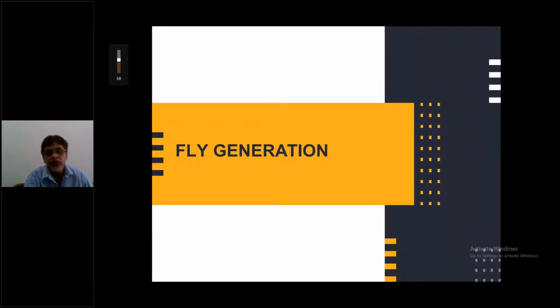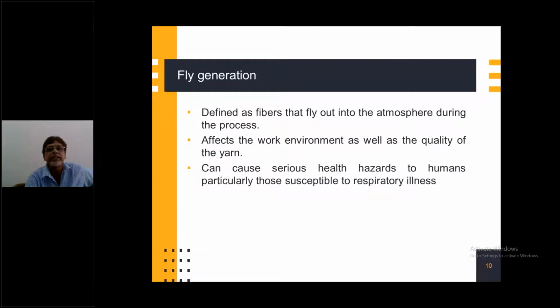How do we define fly? Fly is basically fiber that flies out into the atmosphere during the process. It affects the environment as well as the quality of air, and most importantly it can cause health hazards for humans, particularly those susceptible to respiratory illness.